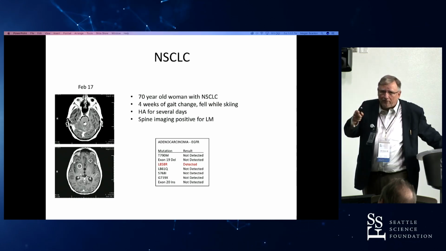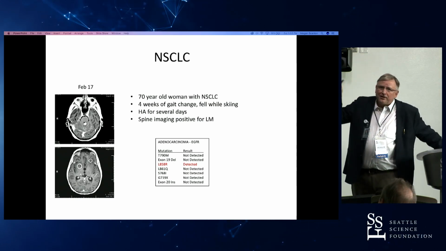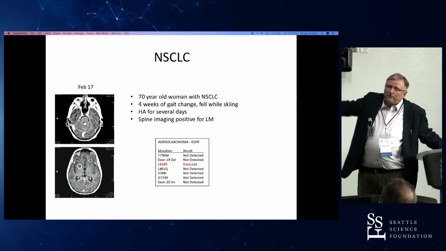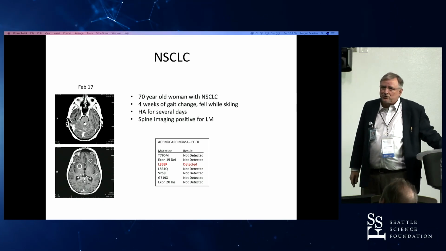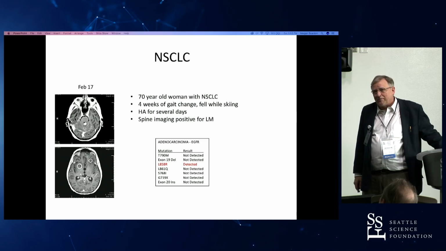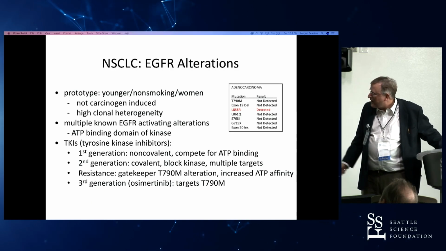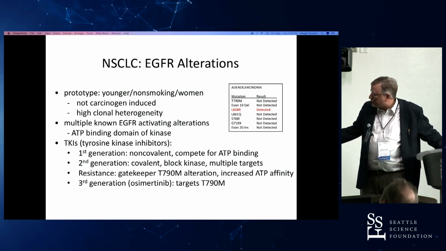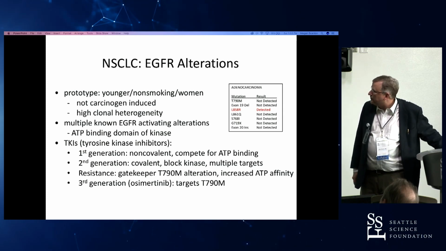Now, if I was smart, what I would have done is a spinal tap, gotten her tumor cells, and sent them to prove that the leptomeningeal disease still had that mutation. However, we put her on Osimertinib, which is a third-generation EGFR inhibitor, because of this, at double dose.